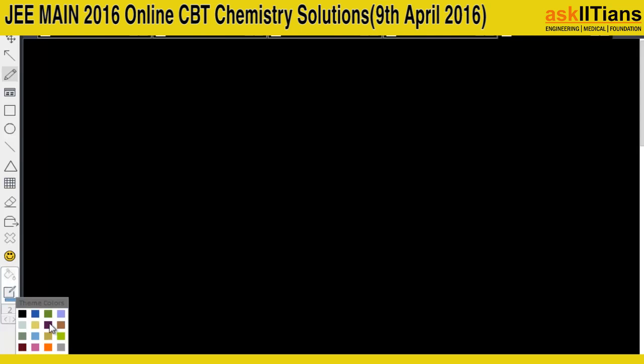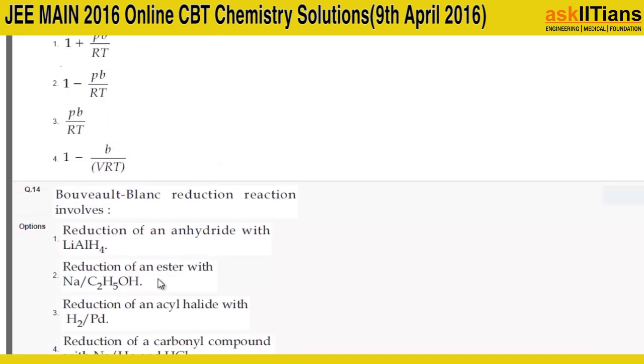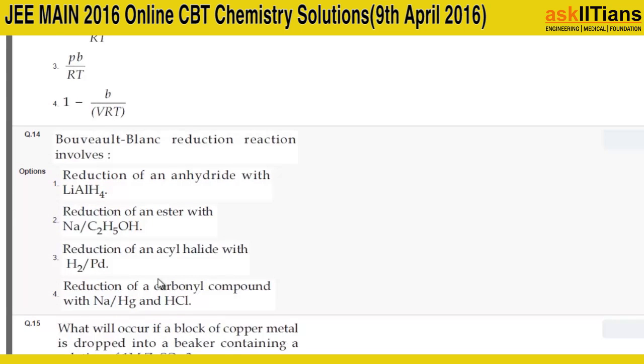Now question number 14 in the series states that this question is related to organic chemistry, where the Bouveault-Blanc reduction reaction involves, that means that is a name reaction, a name reduction reaction.